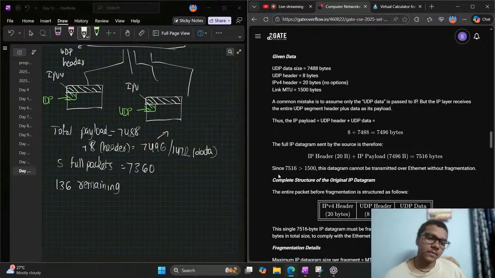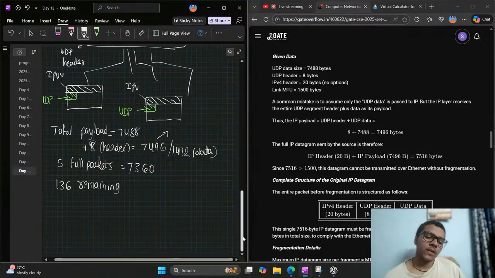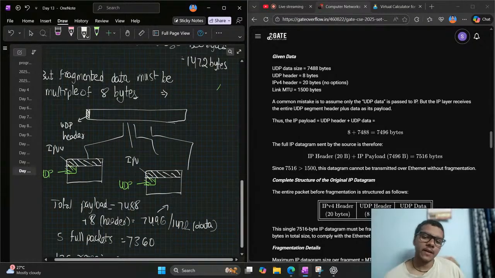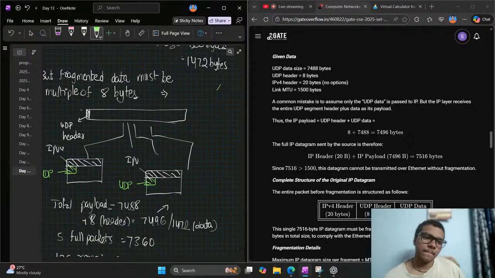The total payload also contains an IP header, right? Absolutely, so you are missing that part.